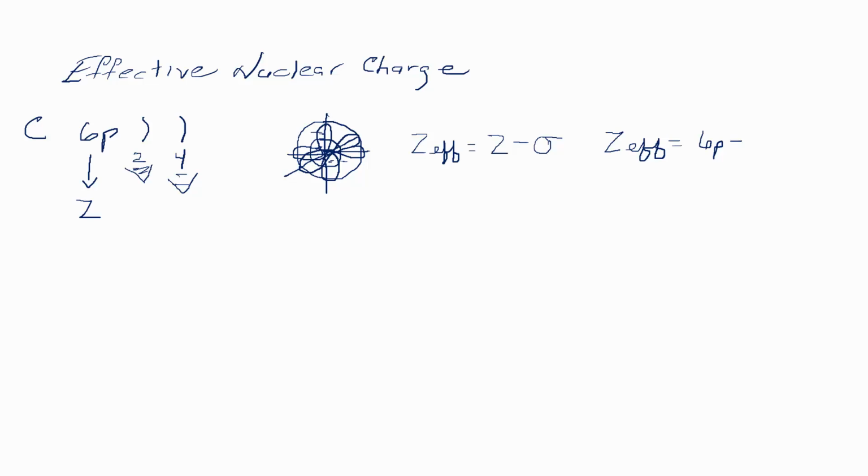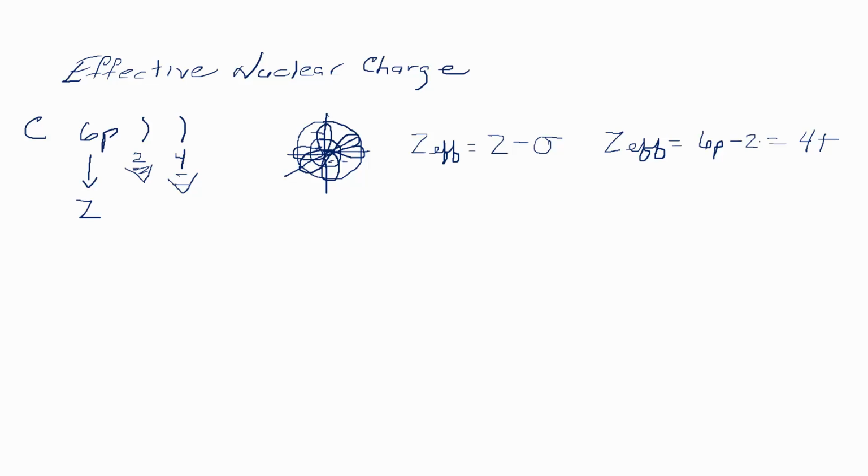So we're going to say 6 protons minus 2, the inner shell electrons, and we get a Z effective of about 4 positive. Now, that is an approximation. It's not the greatest, but it is going to simplify the calculation.